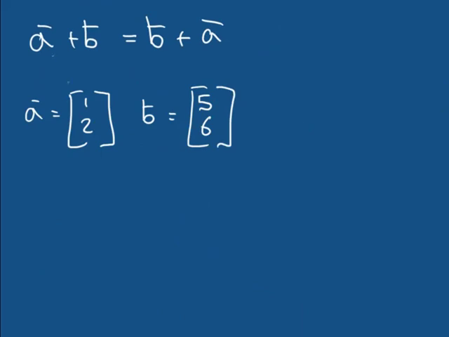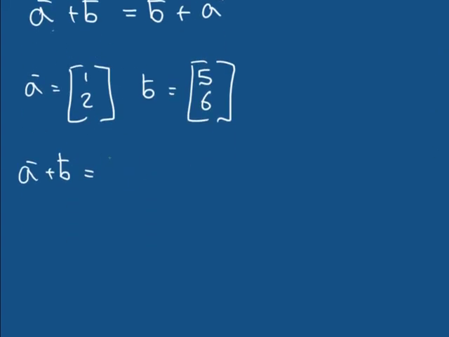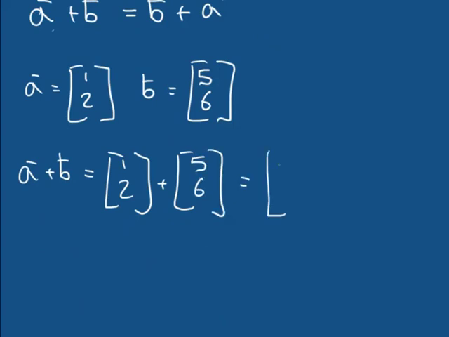Well, let's work out A plus B first, which is great because it's going to give us a chance to use numbers rather than just variables to see how our vector addition works. So A plus B is equal to 1, 2 plus 5, 6, which is equal to 1 plus 5 for our first component, which we know is 6, and 2 plus 6 for our second component, which we know is 8.